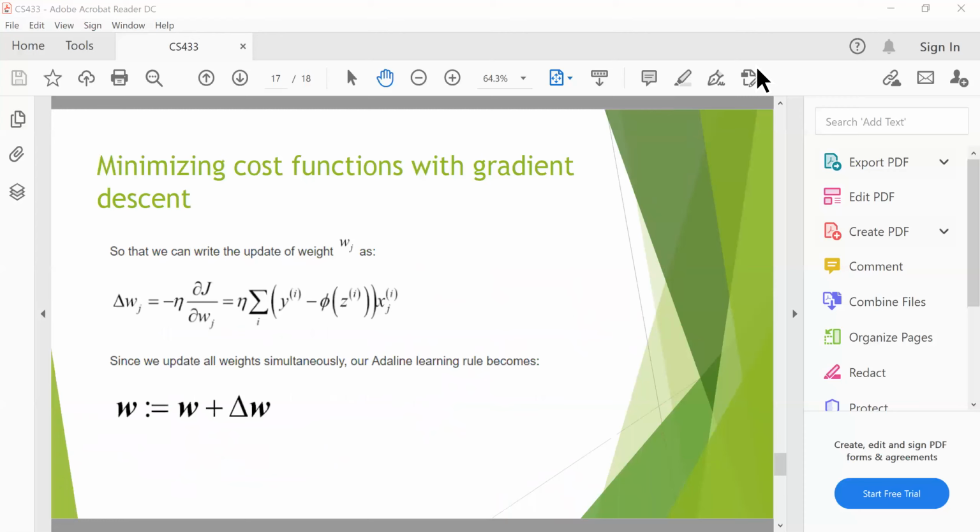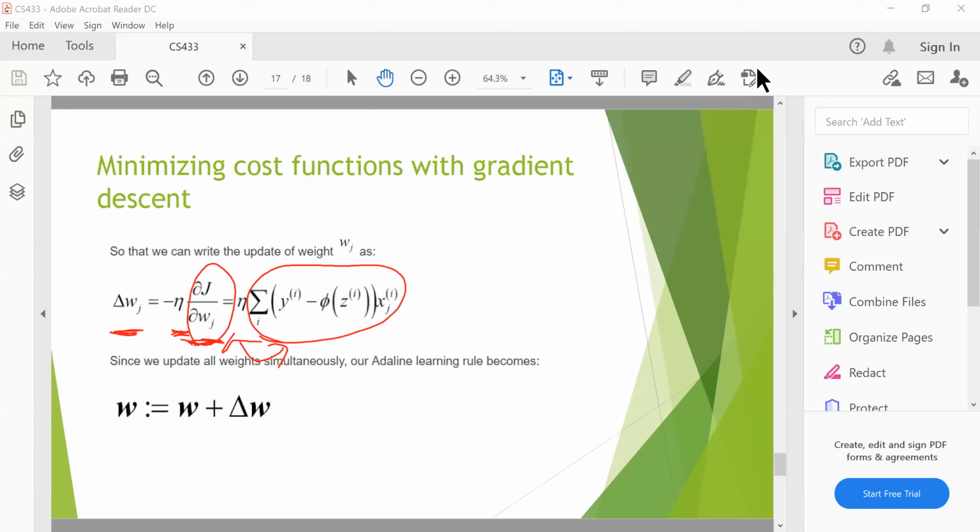And next, let's see, how do we derive that? So the derivation: the weight update is the derivative of the cost over the specific weight times the learning rate. The learning rate determines how big each step is. And this derivative is this part.